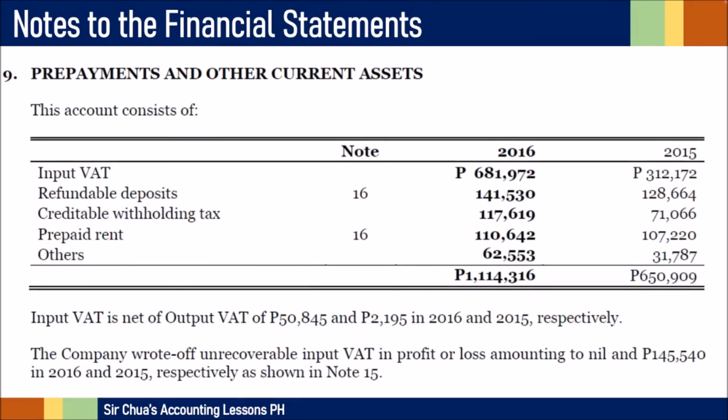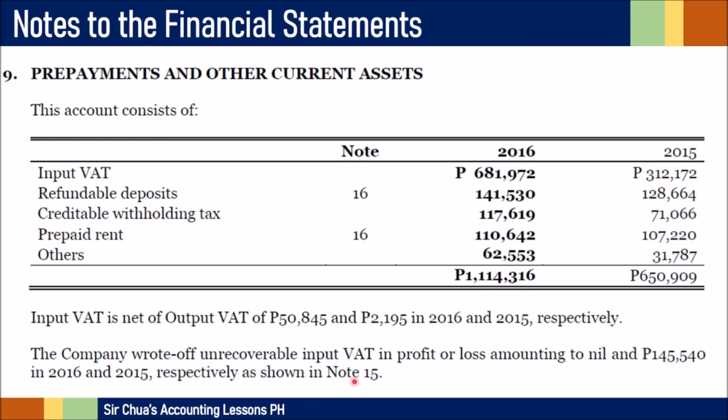This is also an example of any prepayments and other current assets that the company has. So as you can see, this amount should be equal to the face of the FS, 1,114,316. And then any information like input value added tax or writing off of your input VAT, and so on.